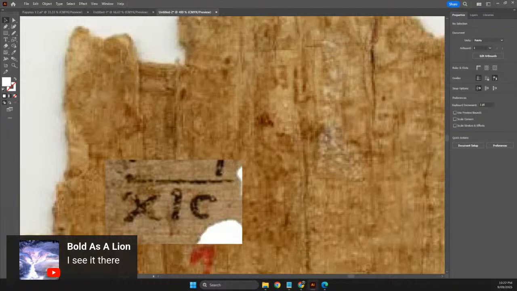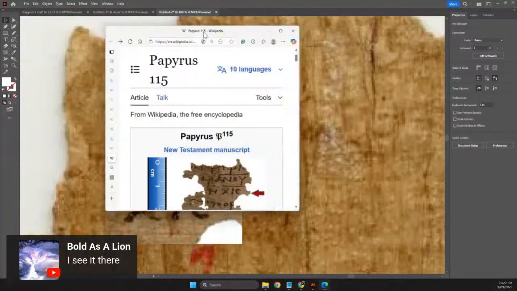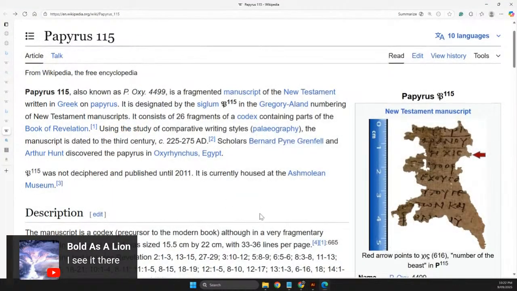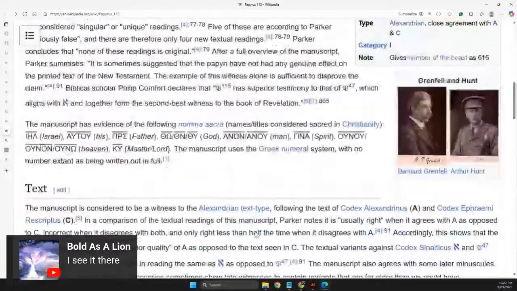This is dated, I think, to, what's it, 170? 175? Let me have a quick look. So would this be the oldest 616 reading? I'd better check all that. So let's go back here. Papyrus 115. What's it dated to? Description, text.